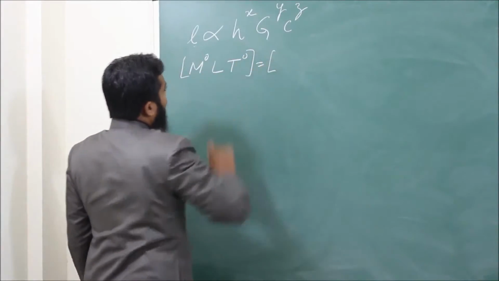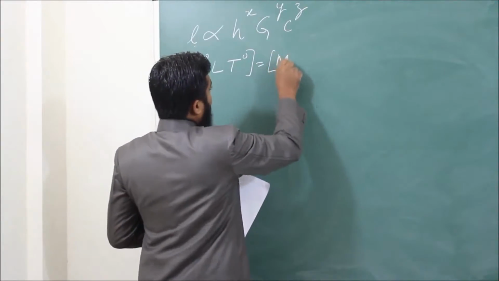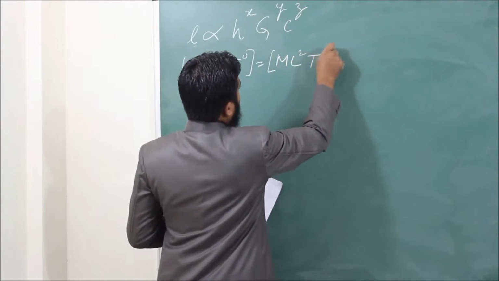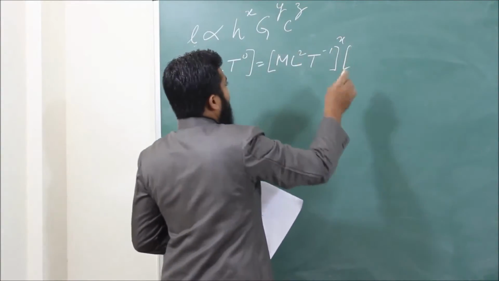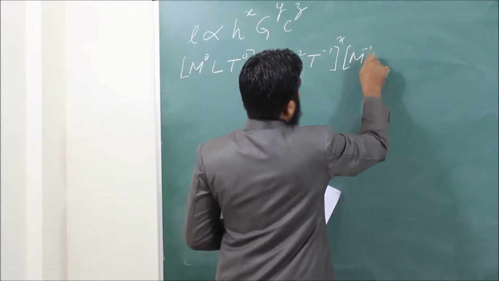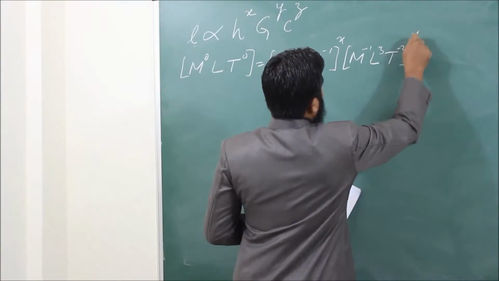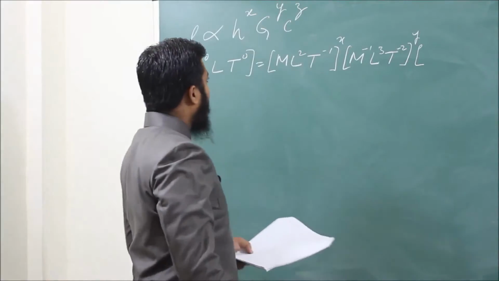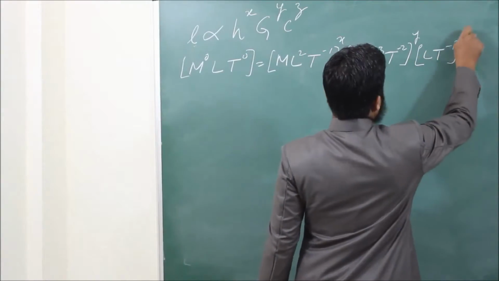On the right hand side, the dimensional formula for Planck's constant M L square T minus 1, which is the power X. Then gravitational constant M raised to the power minus 1, L cube and T raised to the power minus 2, total power Y, and C is speed, which is LT minus 1, total power Z.